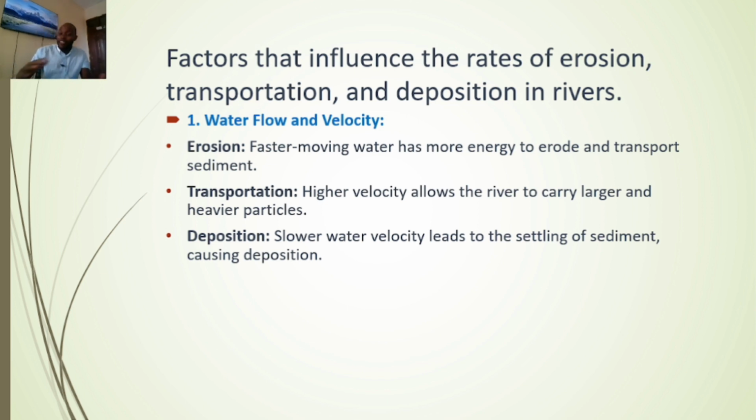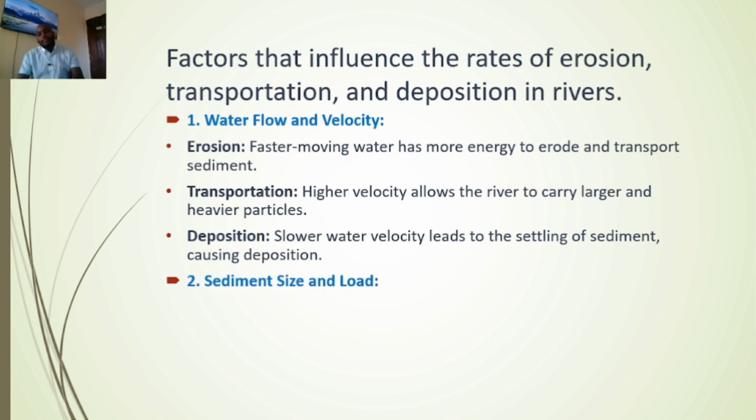Remember, when we talk about higher velocity, even the larger particles or the larger load will be carried by that river. But now when that velocity reduces, it's going to cause deposition. Remember, you can also be asked in an exam, how is deposition taking place in a river? Talk about when the velocity of that river reduces, the materials are going to settle down, and then deposition will take place. The second one, sediment size and load.